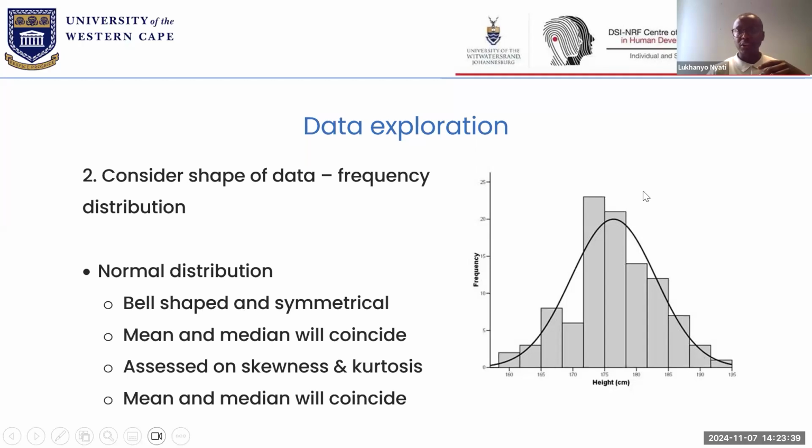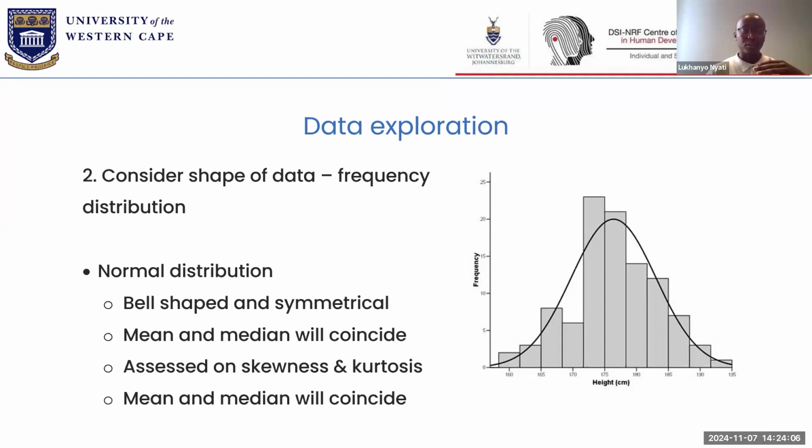There's a symmetric distribution about the mean, and the mean and the median will coincide. So one of the ways that you can thumb-suck whether your data are normally distributed is if your mean and your median are the same. If they are similar, then you can say with some level of confidence that your data are normally distributed.